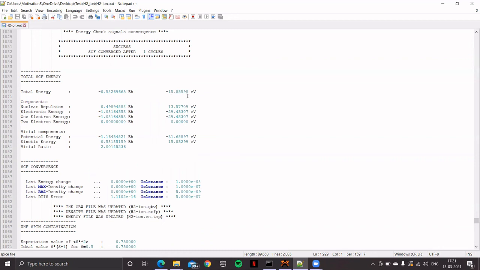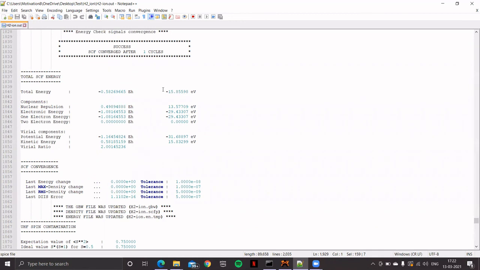The difference, minus 13.6 minus minus 15.86, is approximately 2.2 electron volt. So using this data, we are getting a bond dissociation energy of approximately 2.2 electron volt.